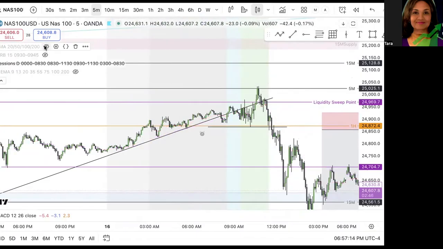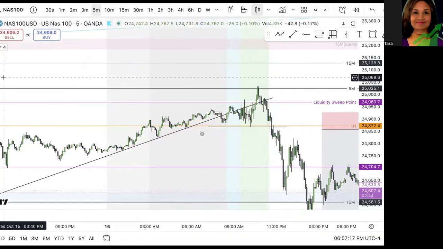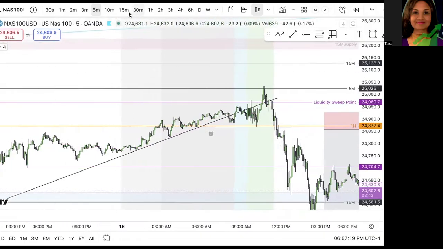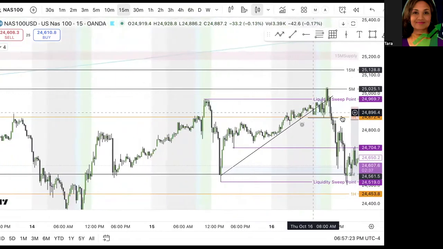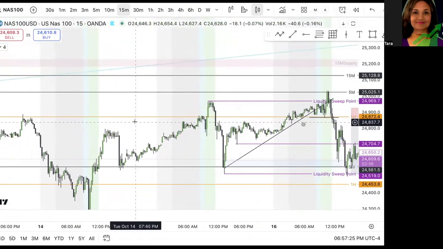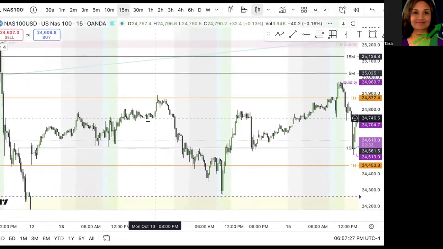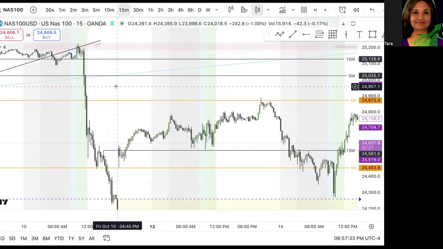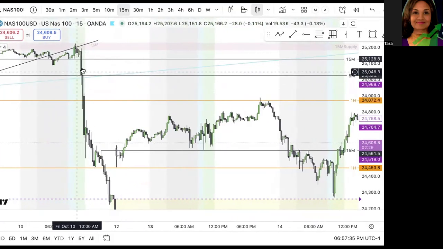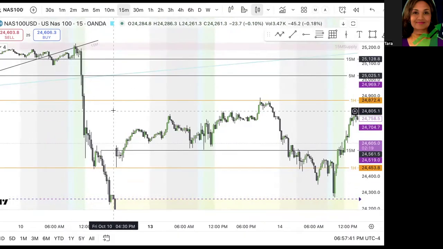I'll go ahead and get rid of the EMAs right now. For instance, if I go out to a 15-minute time frame, I can easily see on my chart what time it is when these moves happened. Like when this huge drop happened on Friday, it was inside this green area. And I know that this green area is between 9:30 and 11:30. So I know that's when the drop started.